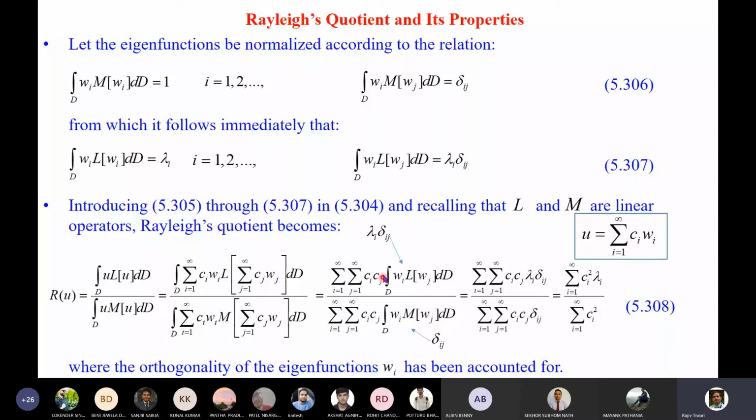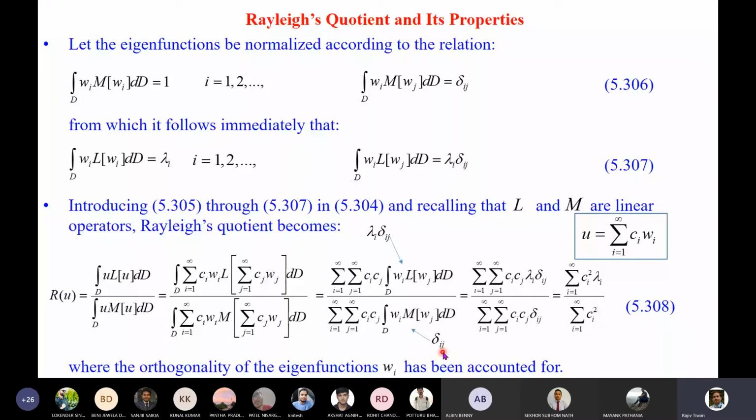Now, if you see this expression, according to the property, this will be lambda i delta ij. This can be replaced by that. Similarly, this can be replaced by delta ij, where delta is the Kronecker delta.